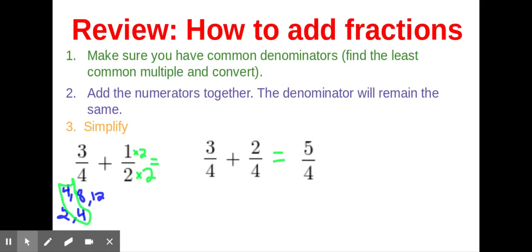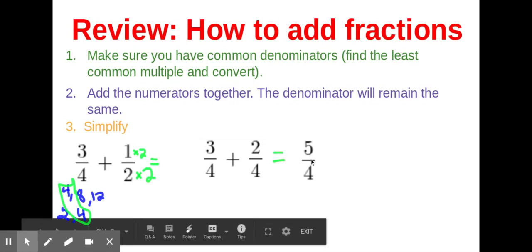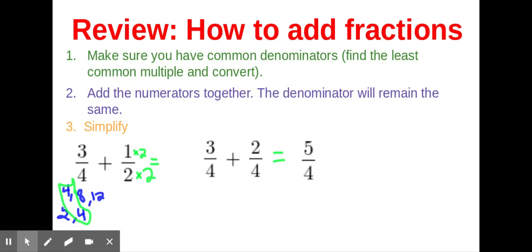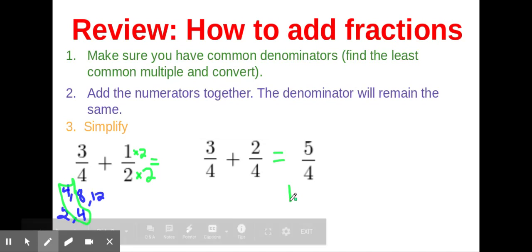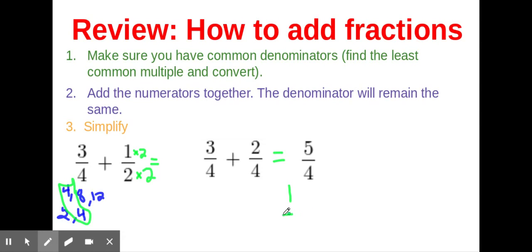And then finally, I need to simplify. Just like everything with fractions, we always like to have it go down to its simplest form. In this case, we have an improper fraction. And so all I'm going to do is say, okay, well, how many times does 4 go into 5? Well, it goes in 1 time, right? 4 goes into 5 1 time. And then what do I have left over? So I do 5 minus 4 equals 1.